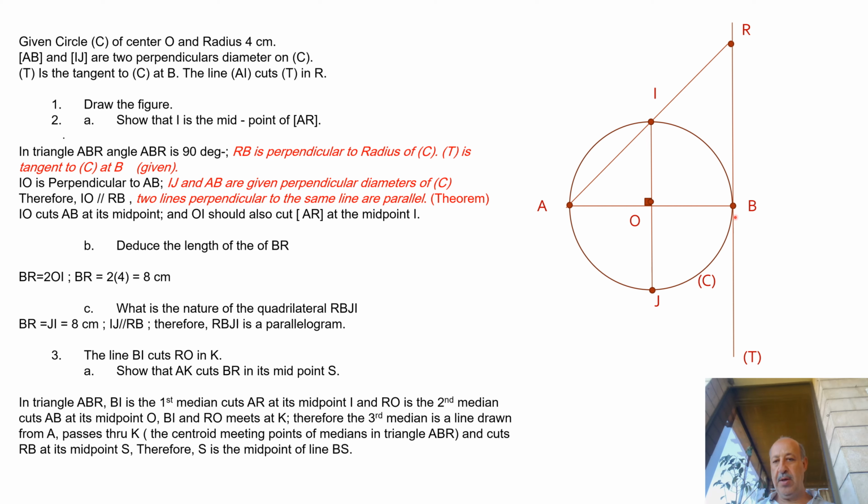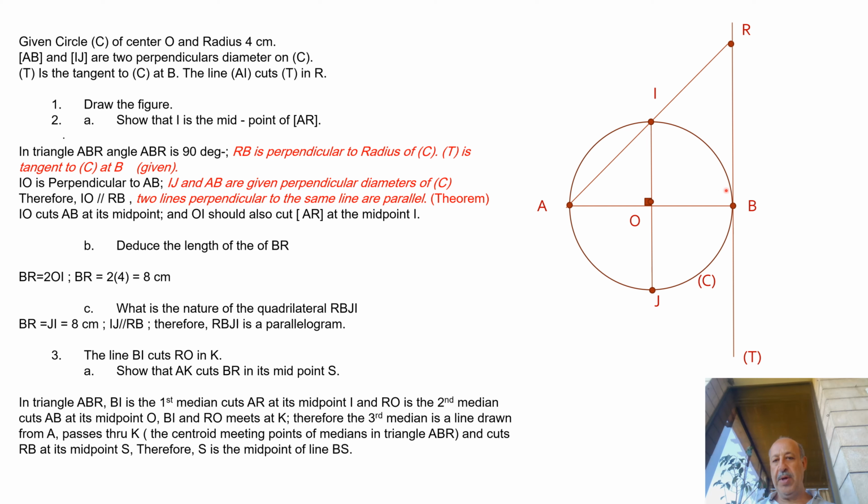So RB is perpendicular to AB, and IO is also perpendicular to AB, since they are two perpendicular diameters of the same circle C. So RB and IO are parallel.